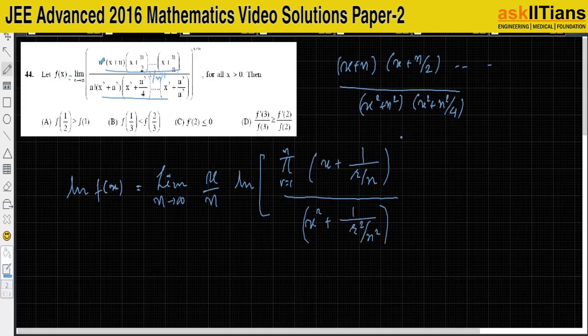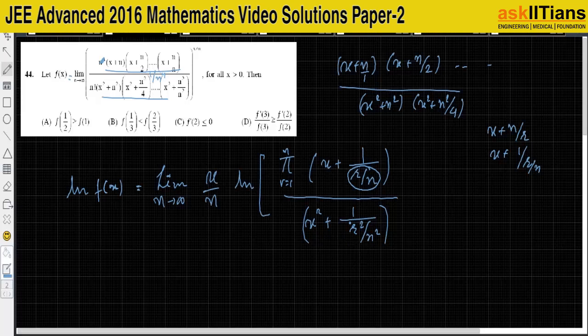If I look at this term, this is n by 1, this is n by 2, so this is n by r, x plus n by r. The same thing I have written as x plus 1 by r by n, because I am more concerned about r by n. Similarly here also, x square plus r square by n square.